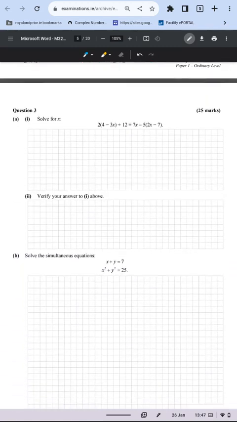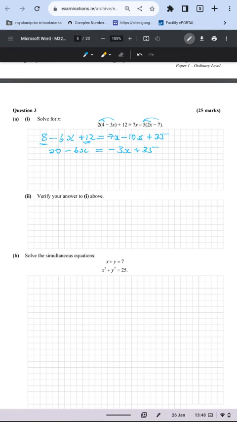Next one, bit of algebra. So, see the brackets, multiply them out. So 2 times 4 is 8, minus 6x, plus 12, is equal to 7x, minus 10x, plus 35. Tidy that up maybe each side. So 8 plus 12 is 20, minus 6x is equal to minus 3x plus 35.